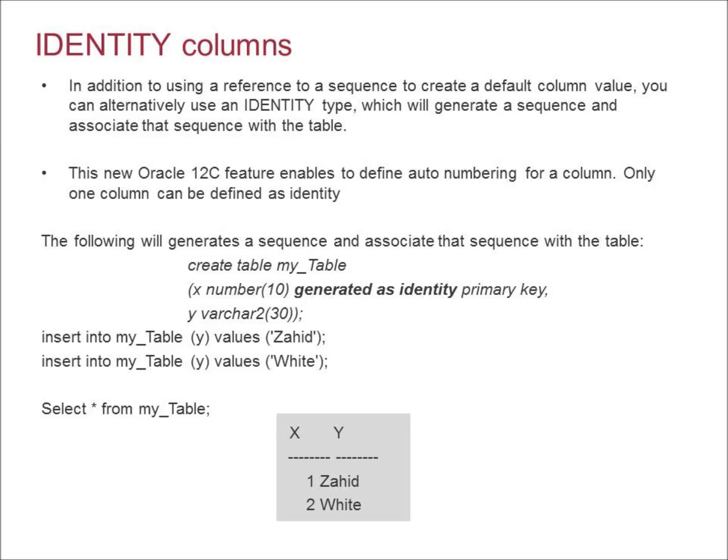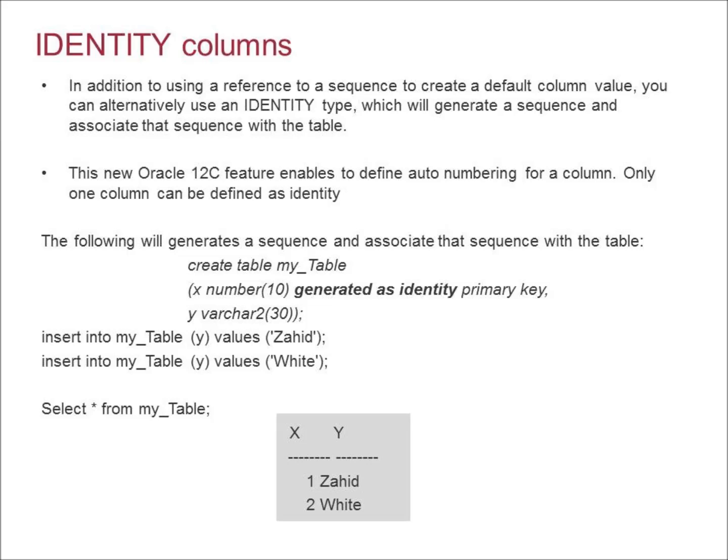Also, 12c has introduced an identity column. Basically, in addition to using a reference to a sequence to create a default column value, you can also use an identity type, which will generate a sequence and associate that sequence with the table. Very neat feature. So basically, 12c enables you to define auto numbering for a column.